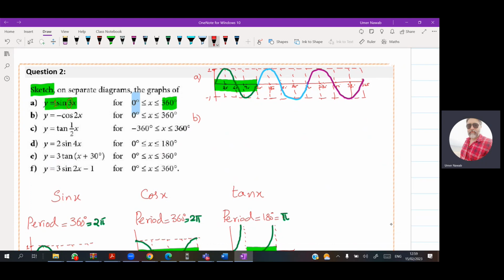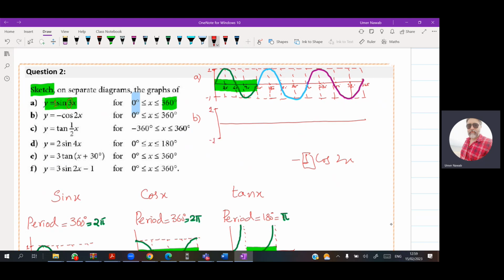In the B part, we need to draw the graph of minus cosine 2x. Don't worry, guys, there is a minus sign at the back, but the number is minus 1. Minus 1 cosine of 2x. So the amplitude is 1. So your central line is the x-axis, okay? And you will go maximum by 1 and minus 1. Now, how to sort it out?